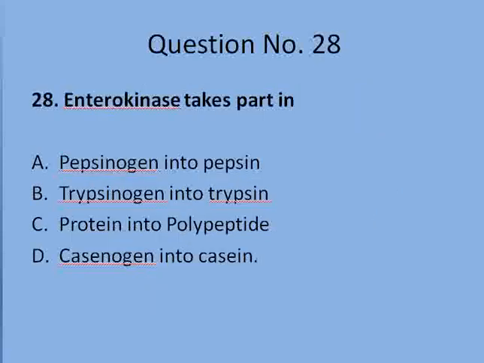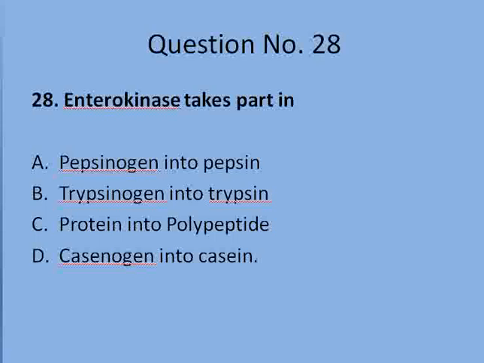Okay. Question number 28. Enterokinase takes part. Actually, this enterokinase is secreted by the intestinal mucosa, and its main function is converting trypsinogen into trypsin.